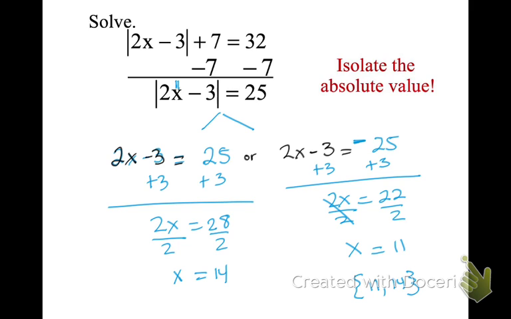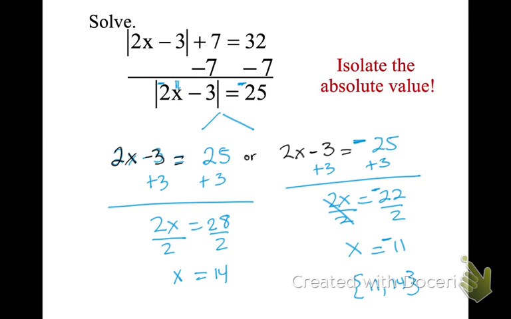And 2 times 11 is 22, minus 3 is 22. That doesn't work. Oh, it's negative 22. This would be negative 11, so this would be negative 22. Yep, that works.